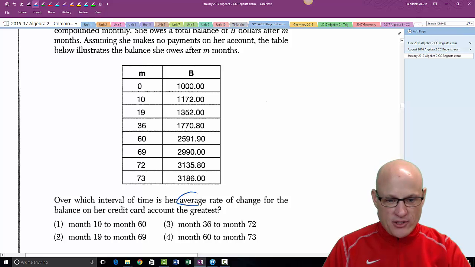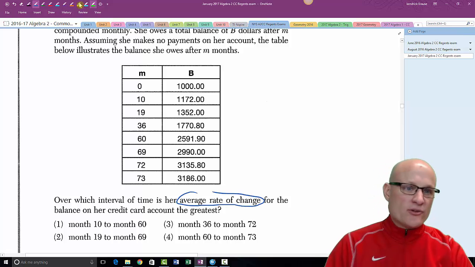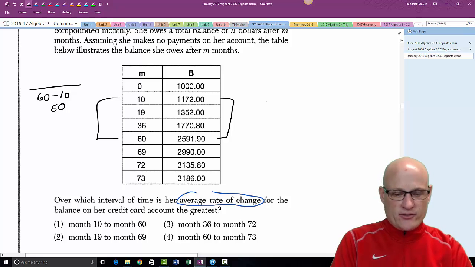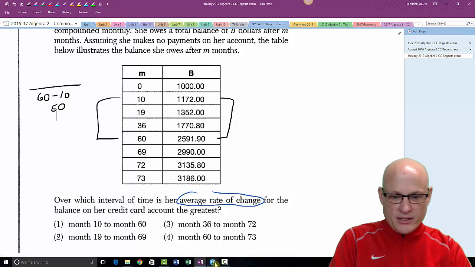So average rate of change is just slope. So let's do this. I'll pick the first two, I'm going to do in black. 10 to 60. So the denominator is 60 minus 10, which is 50. And the numerator is, God, this is what I'm talking about. This is a pain.